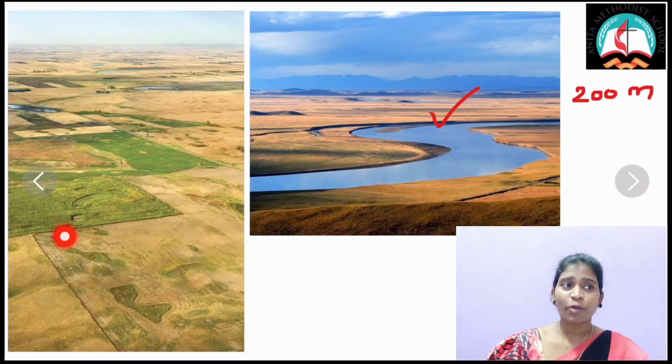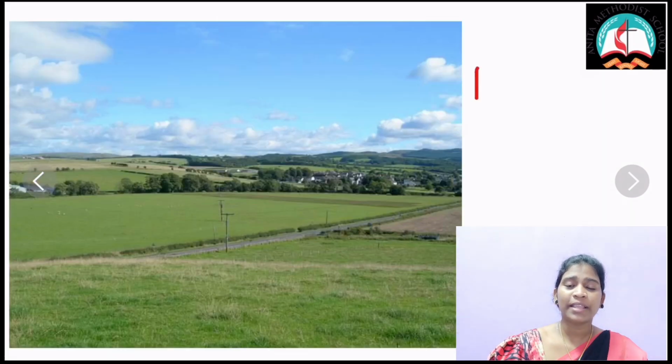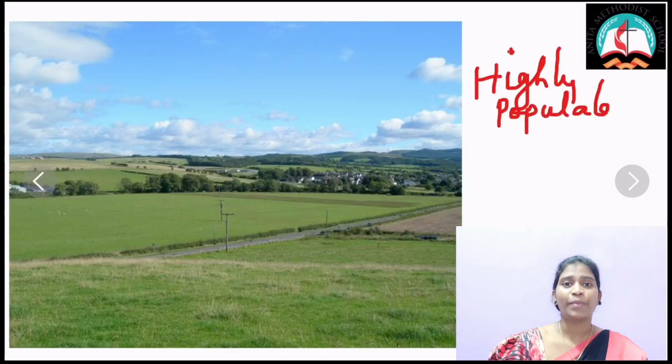Plains are the highly populated regions of the world. When you compare these plains with the plateaus and mountains, you can see more population in plains than in plateaus and mountains. The Indo-Gangetic Plain in North India is one of the largest plains in the world.